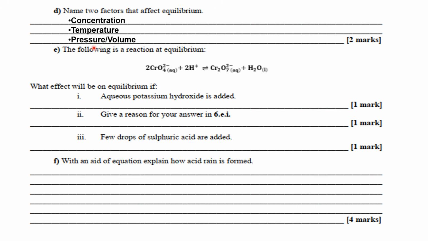Welcome, learners. The following is a reaction at equilibrium. So we have chlorate ion reacting with hydrogen ions to produce a dichromate ion actually, and water. Basing on this, what effect will be on equilibrium if aqueous potassium hydroxide is added?